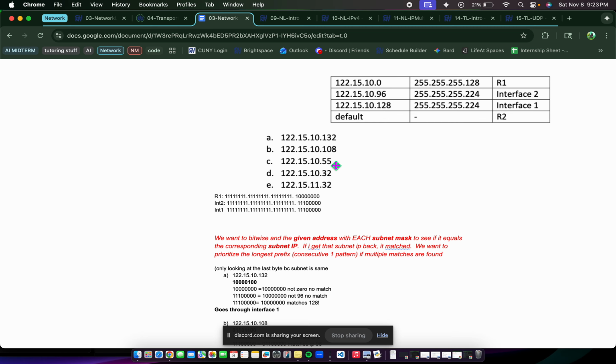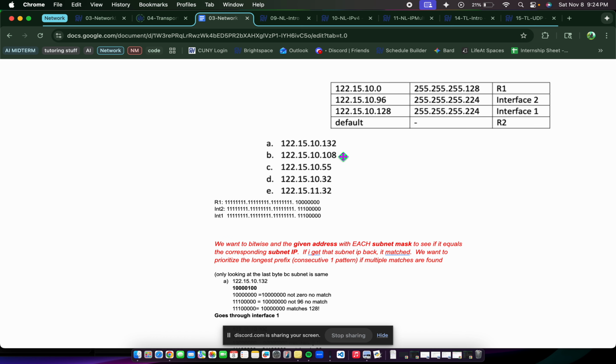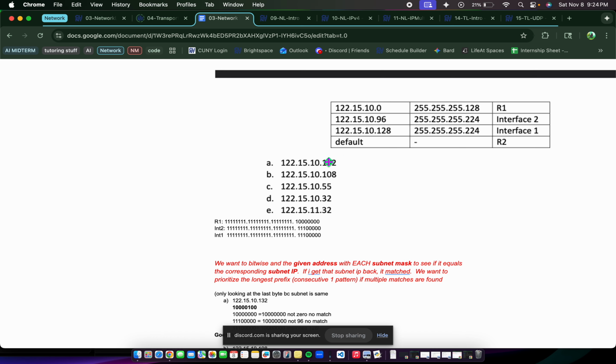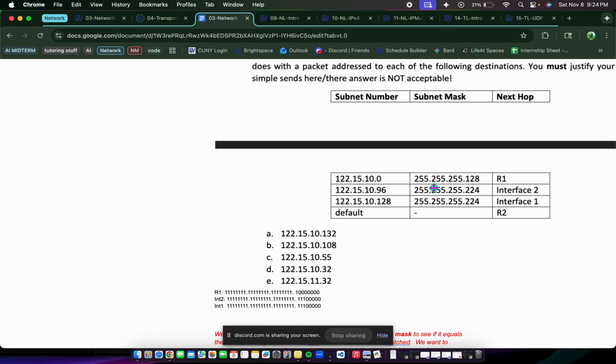So if we take a look at each of these addresses, I kind of took a bit of a shortcut here, because all 3 of these netmasks have a subnet of 255.255.255. That means the first 3 bytes are always going to be the same.